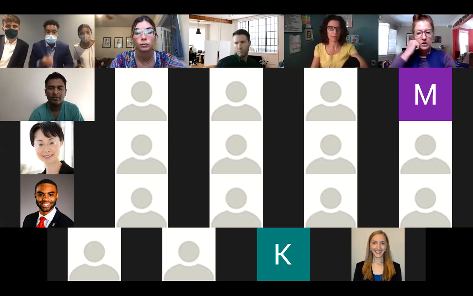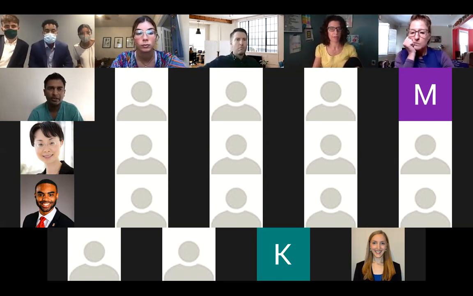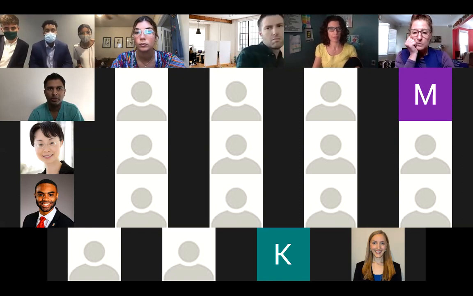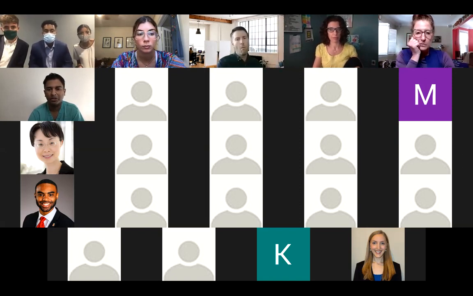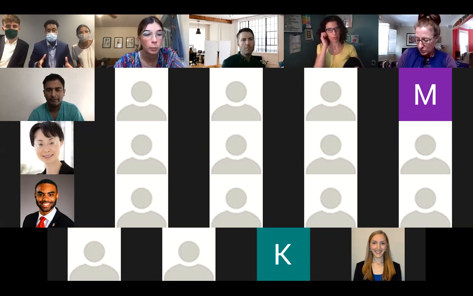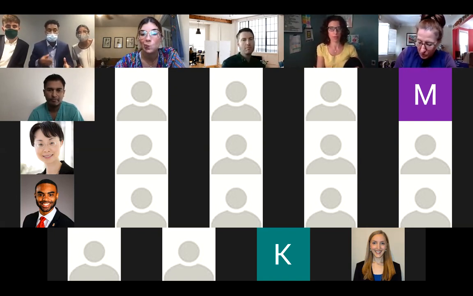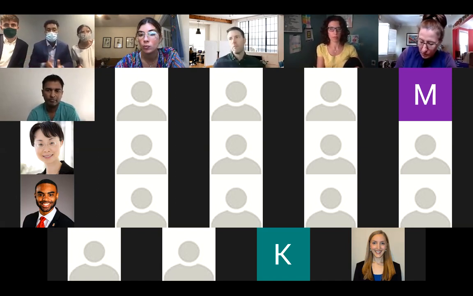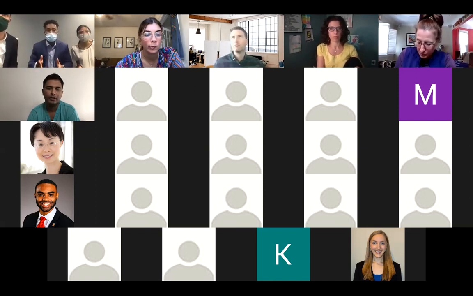So to clarify, does your model predict who's more likely to be readmitted after being discharged, or who will be unnecessarily admitted in the first place? So we actually have one model that's specifically for hospitalizations. So which patients are likely to be hospitalized over a certain period. And then we have the readmissions model, which is specific for 30-day readmissions post-discharge.